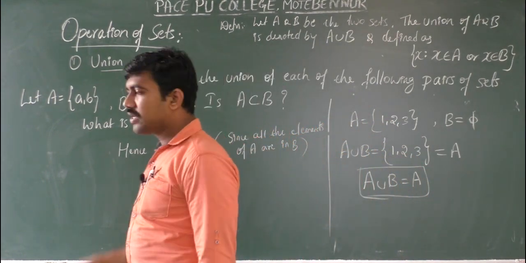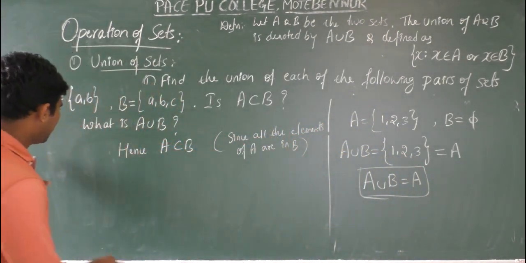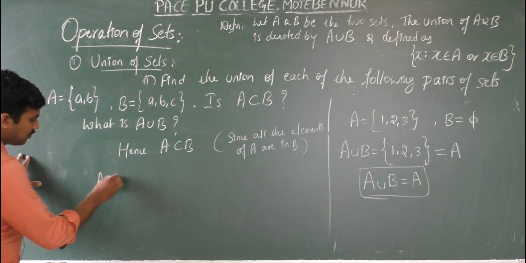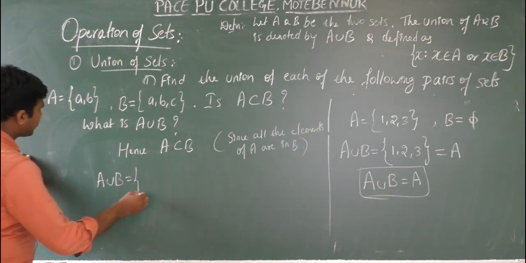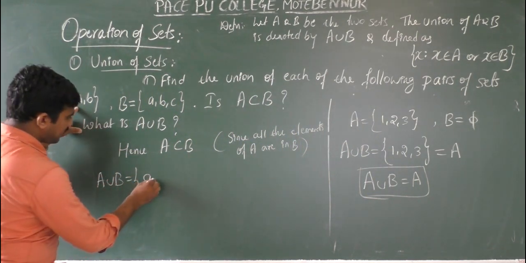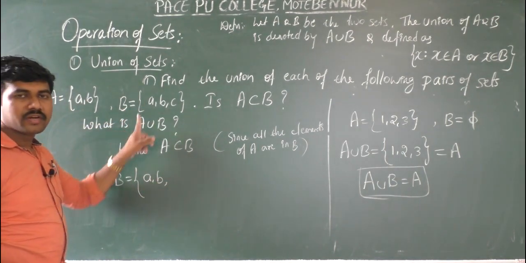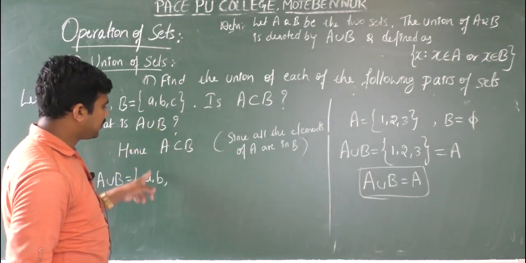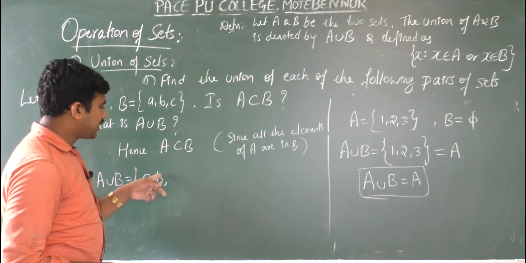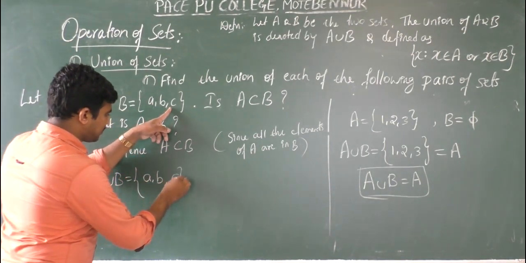Now what is A union B? Find A union B. A union B is equal to, collect all the elements of A, that is a, b. Next, all the elements of B without repetition. a you already have, don't write again. b you already have, don't write again. Next is c.